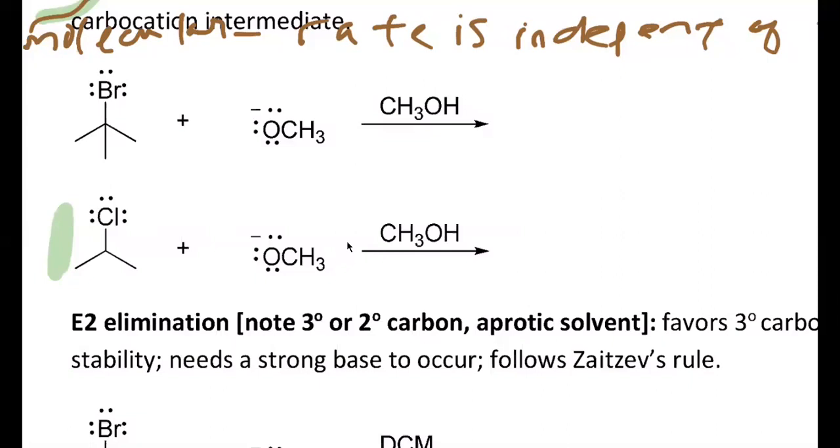We already did the top one, but we didn't do the bottom one.